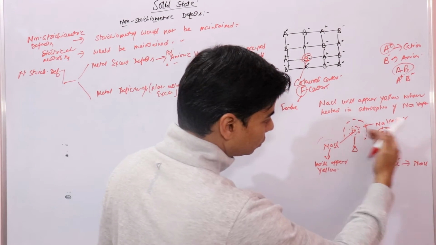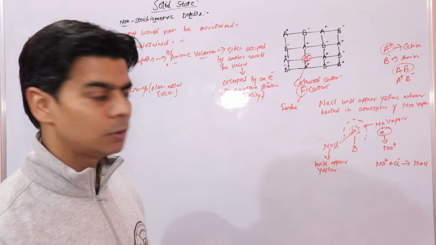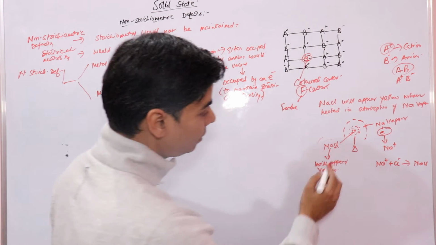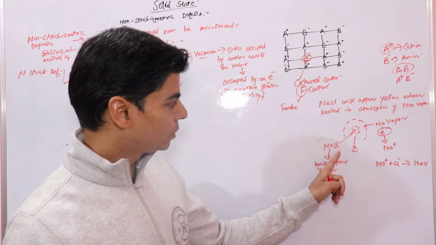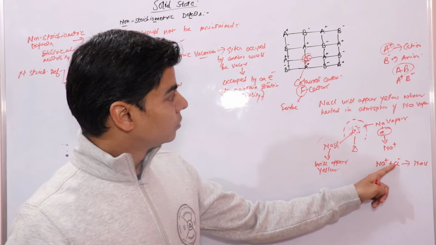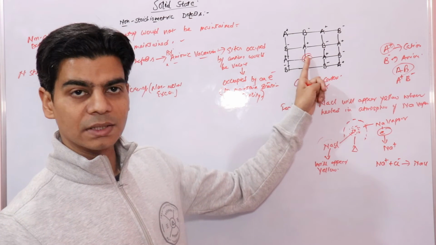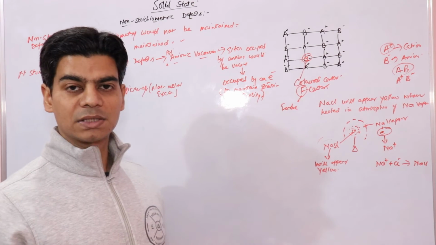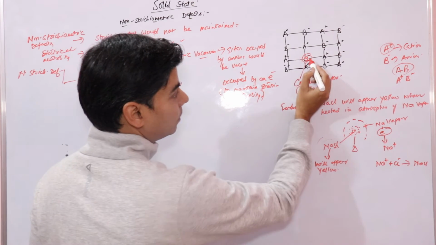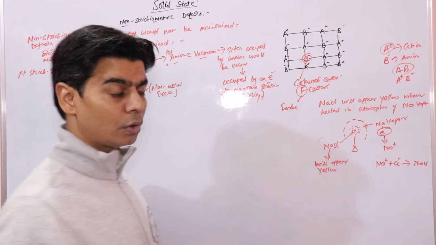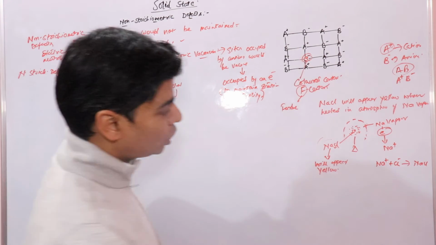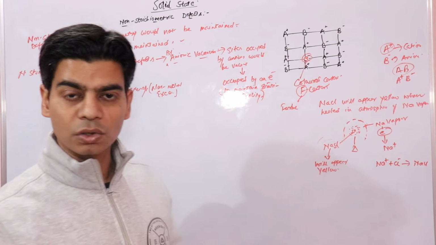The electron which is lost will move into the crystal lattice of sodium chloride and occupy the anionic site of the chloride ion that was removed from its lattice site. Now this anionic site would be vacant, and the chloride site would be occupied by this electron which is lost by sodium.